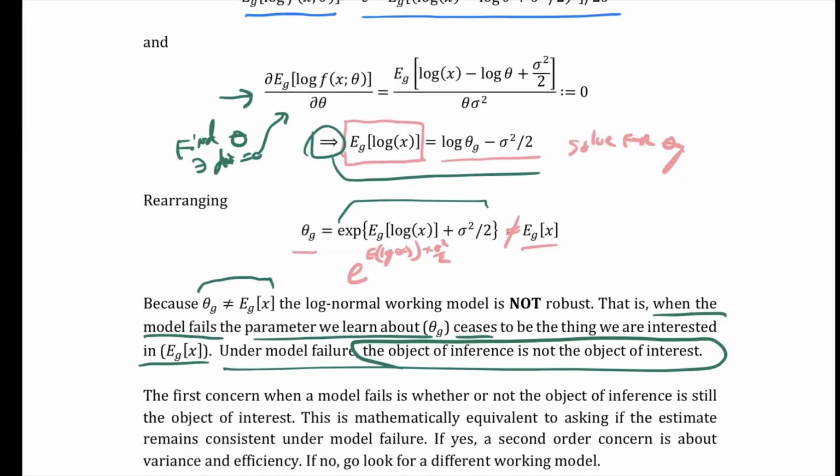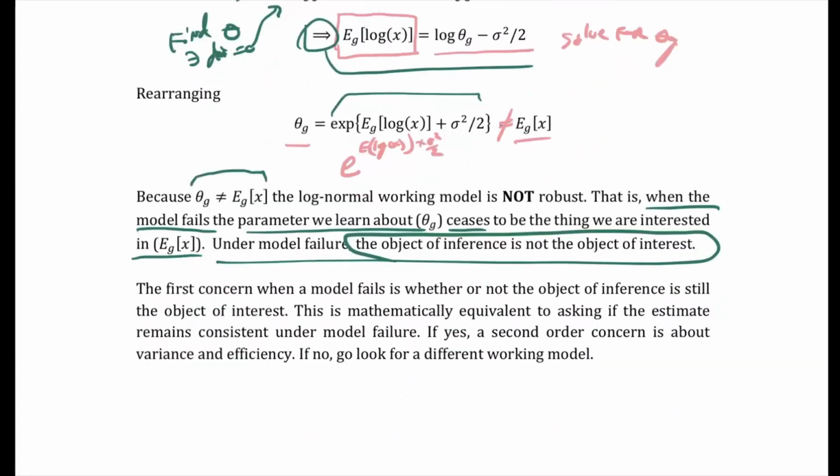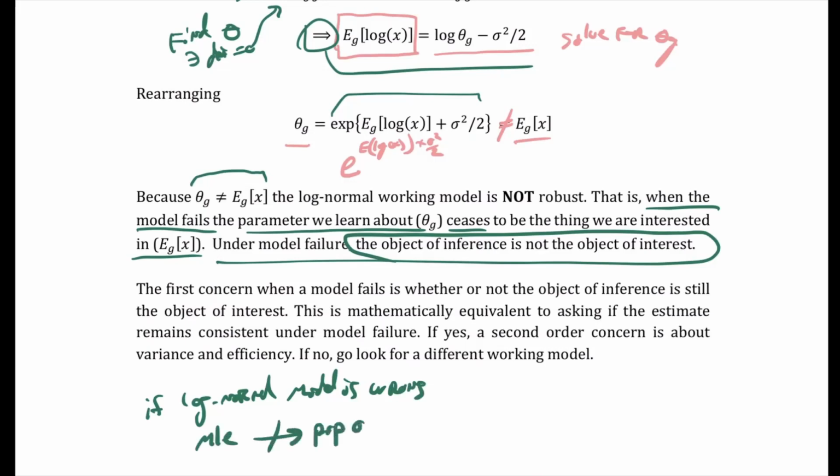So this is a bad model to use, because if you have model failure, so if the log normal model is wrong, the MLE does not converge to the population average. You don't get what you want.